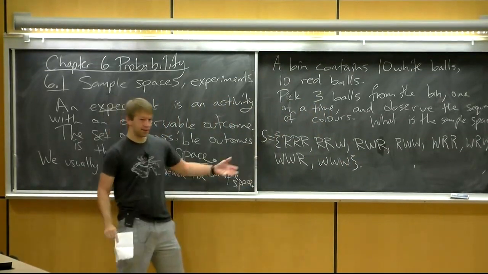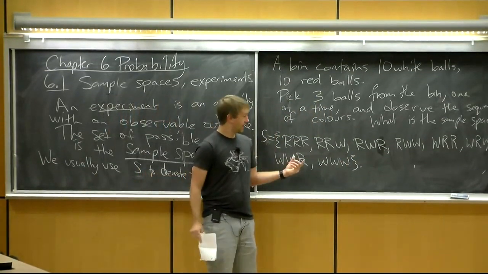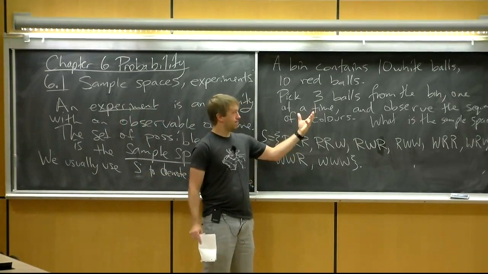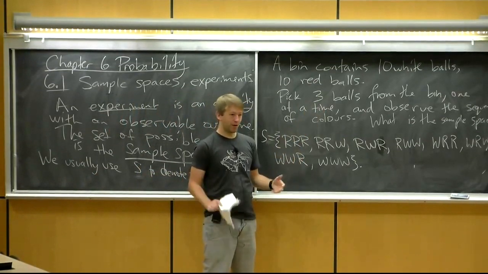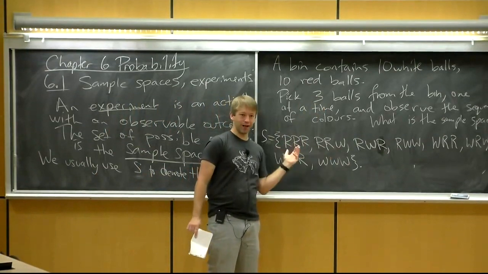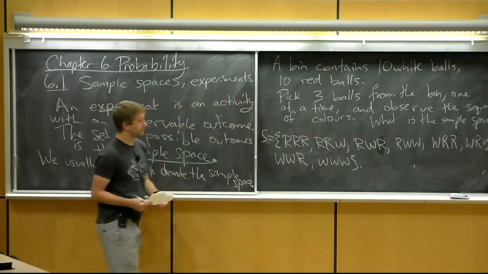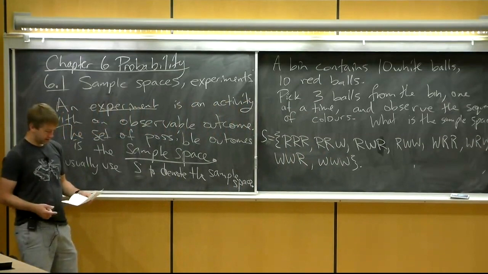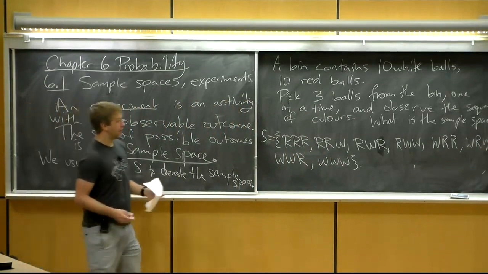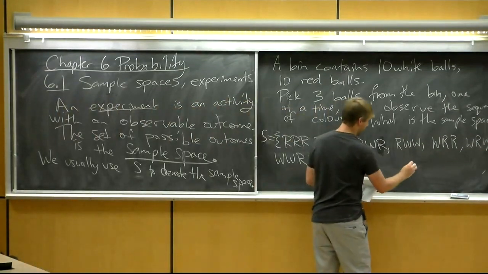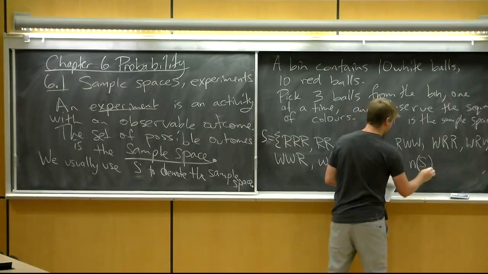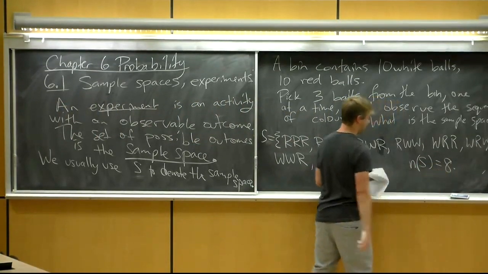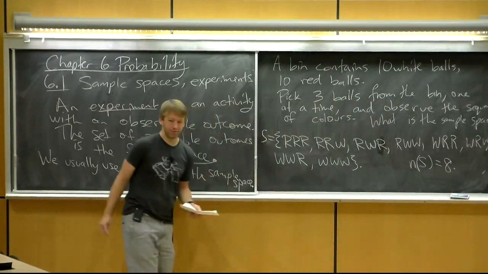The letters just represent the 2 colors. So your experiment is picking 3 balls, and these are all the possibilities you could have. In particular, the number of elements of your sample space is 8. If you count them up, you'll see that there's 8.